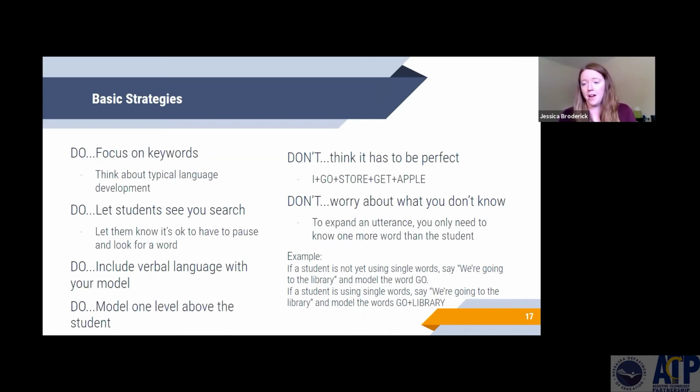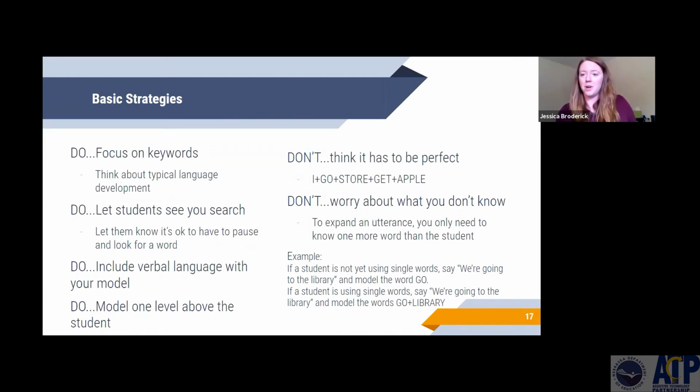We don't expect 5-word sentences any more than we would expect perfect grammar or 5-word sentences from that 18-month-old in the beginning of the example. So focus on those keywords that give the most meaning as a good place to start or a good place to work through that.